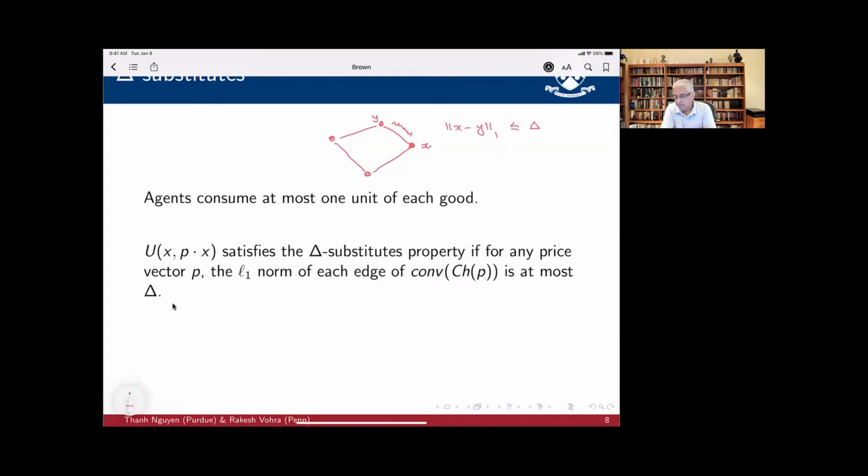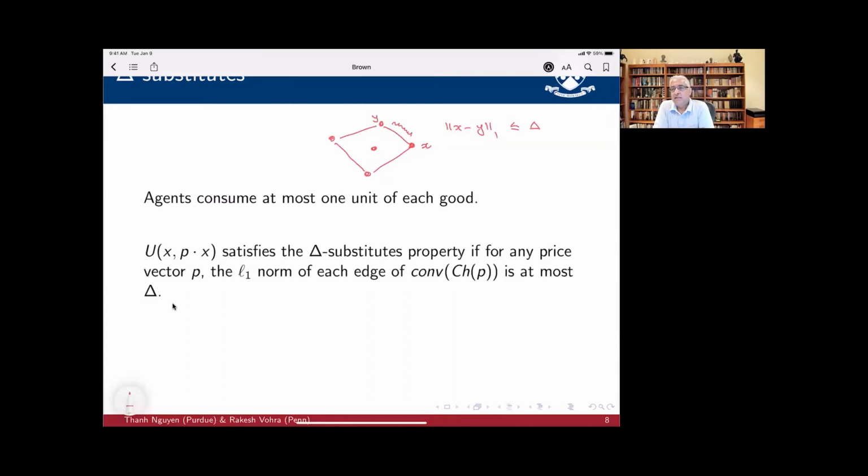Okay. Now, notice this is why I'm assuming that you're consuming at most one unit of each good. That means my vectors X and Y are binary vectors. There can be no vector inside this that corresponds to a binary vector.